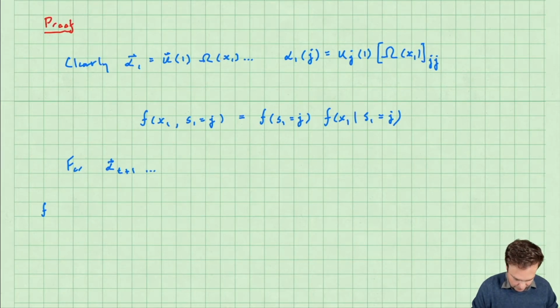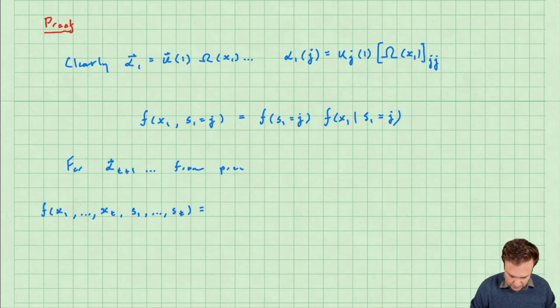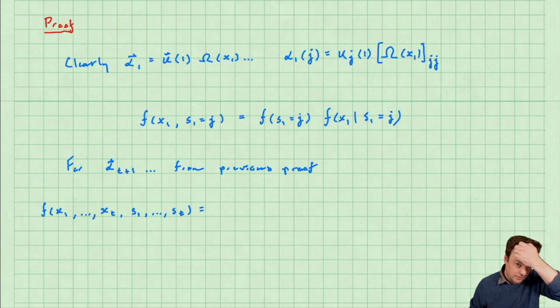But here what we've got is the following. So x1 up to xt. We're going to do this up to little t, and then the next one will go up to little t plus 1. So s1 up to s little t. This is from the previous proof, and again, you might have to look back there and remind yourself.